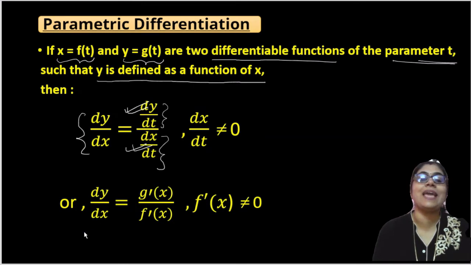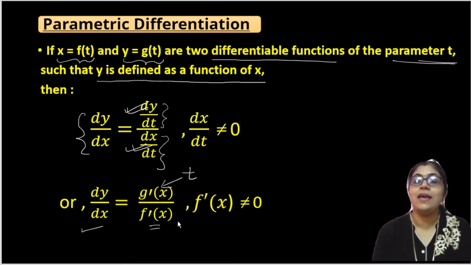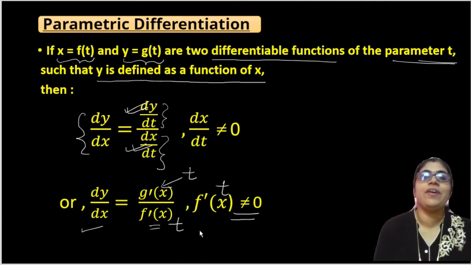Or you can say dy/dx is equal to g'(t) divided by f'(t), if f'(t) is not equal to 0. If f'(t) equals 0, then the derivative will not be defined. So now let's do some questions so that it will be clear how to differentiate a parametric function.